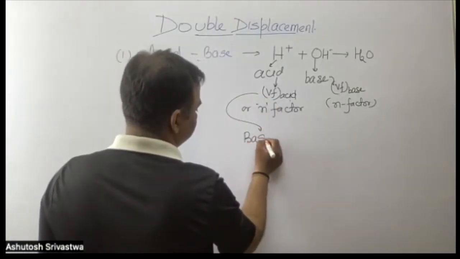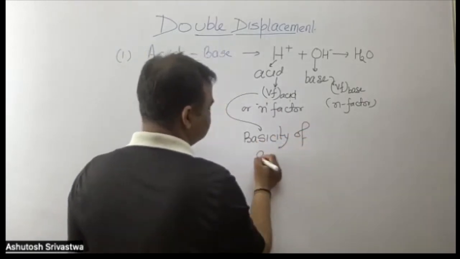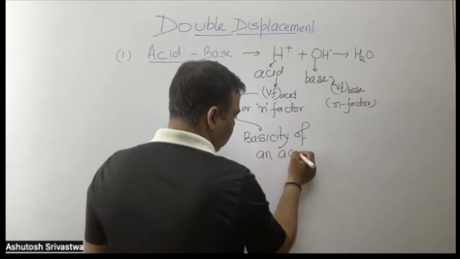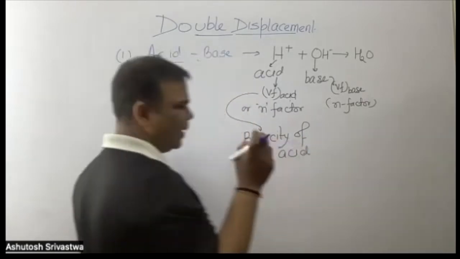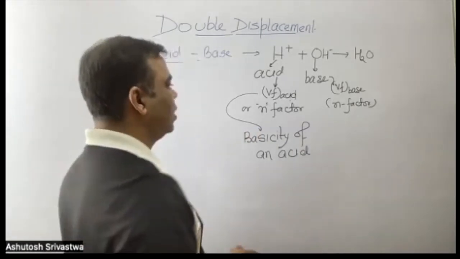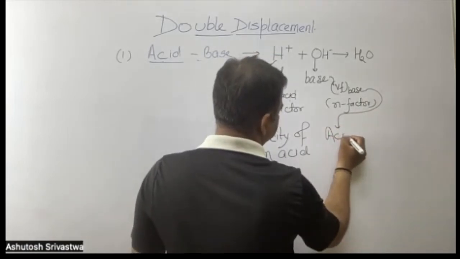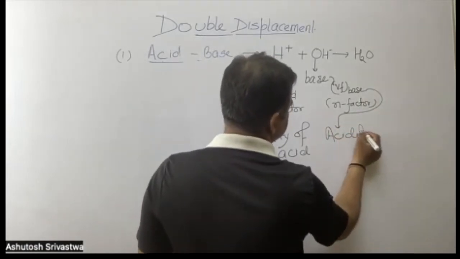This term is also called basicity of an acid. We are talking about a particular term, basicity. In an acid, we say basicity of an acid. In a base, we say it is the acidity of a base.